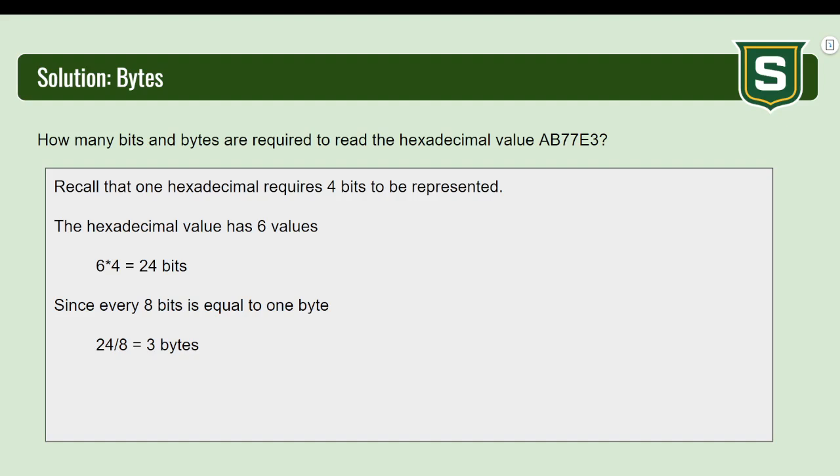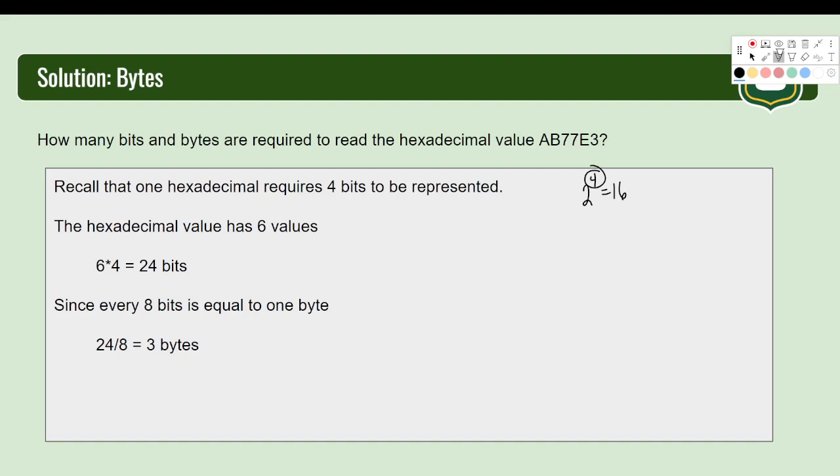All right, so remember that hexadecimal is base 16, and 2 to the 4th is equal to 16. So if you recall from the binary addition and the conversion, every 4 bits corresponds to a hexadecimal value.